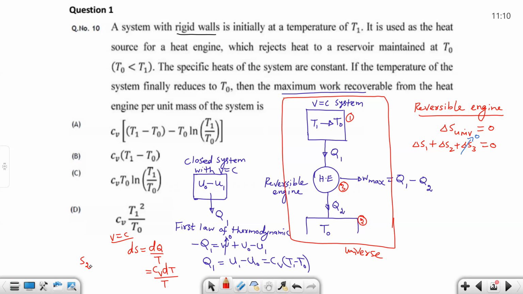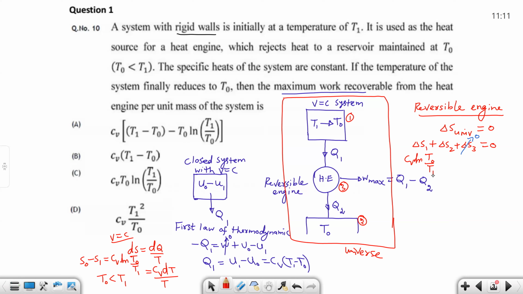So change in entropy, from state 0 to 1, is equal to Cv ln of final temperature T0 by T1. So here T0 is less than T1. So this is the entropy change for the constant volume system: Cv ln T0 by T1.